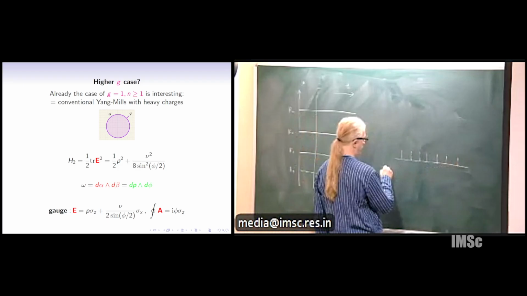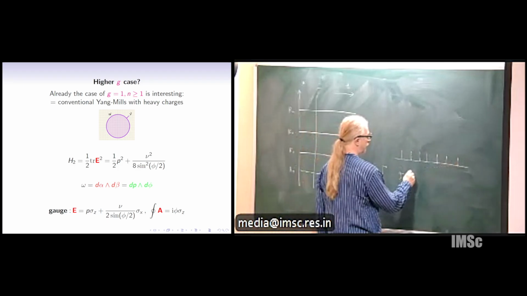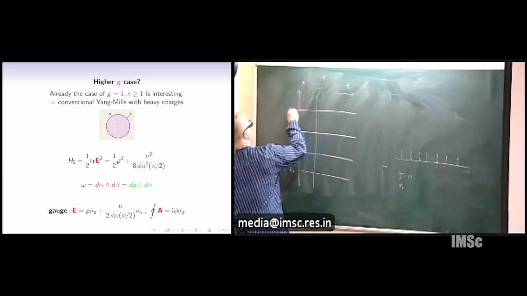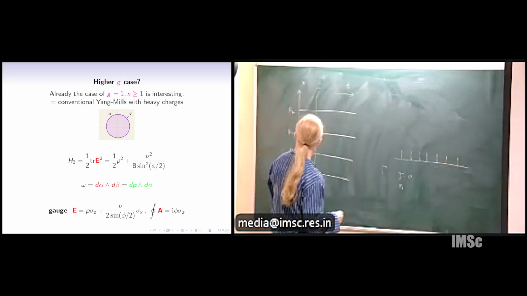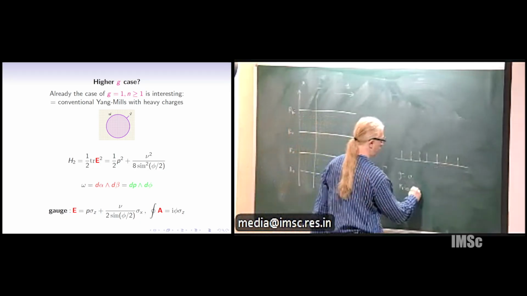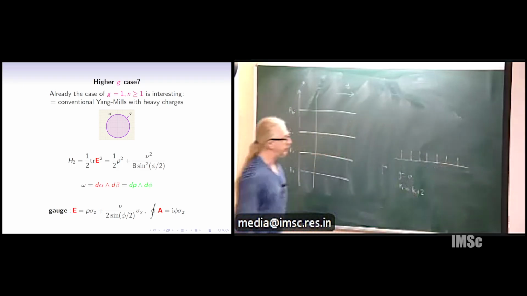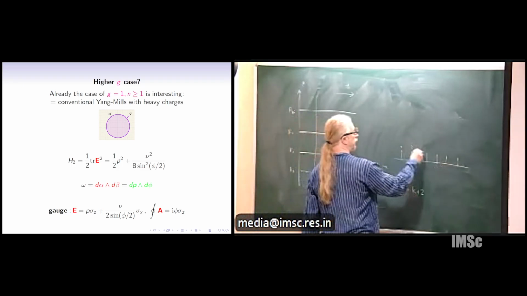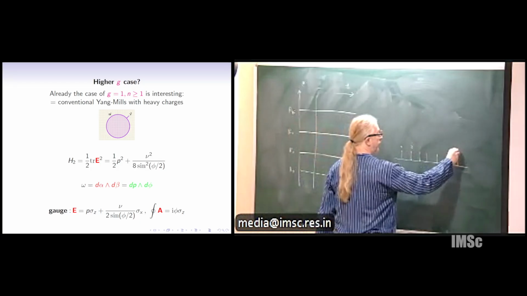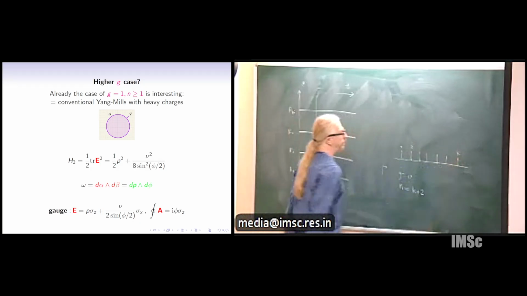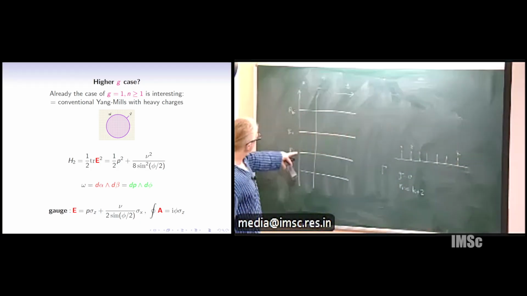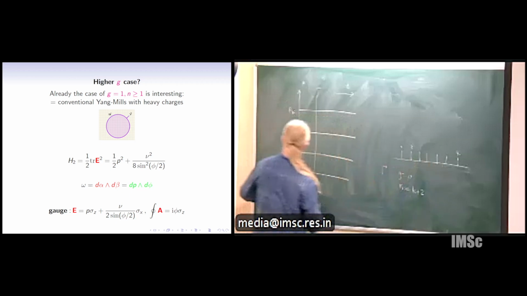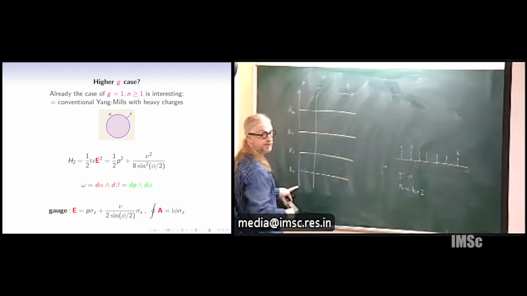So the graph will have genus 0, and the number of tails. This is k. Then I believe the number of tails will be k plus 2. So these are the tails which correspond to the representations of the Wilson lines, and these guys correspond to plus or minus infinity.